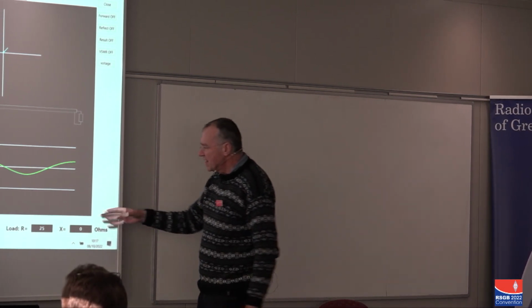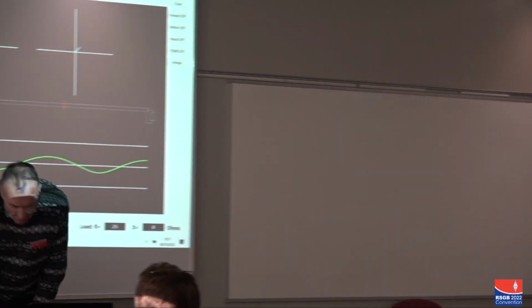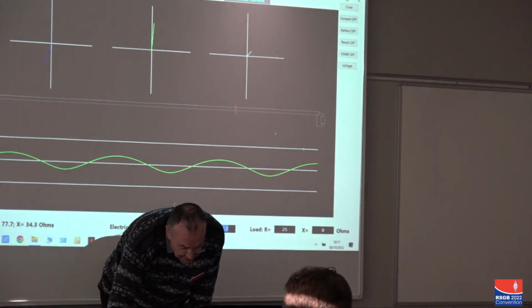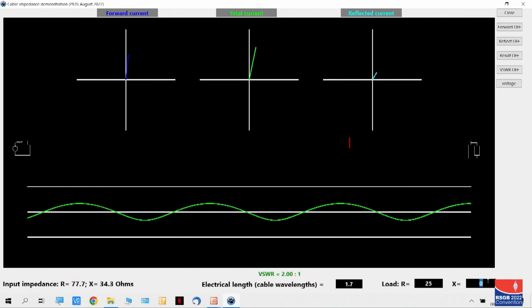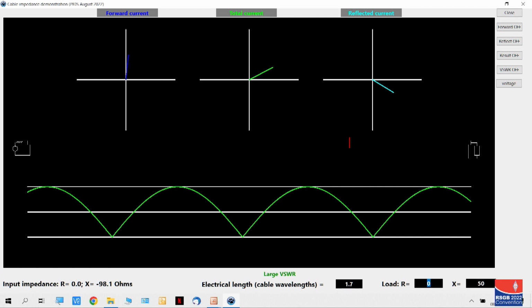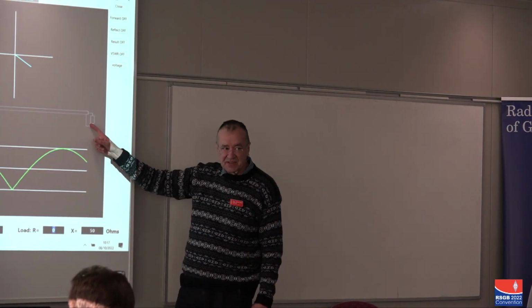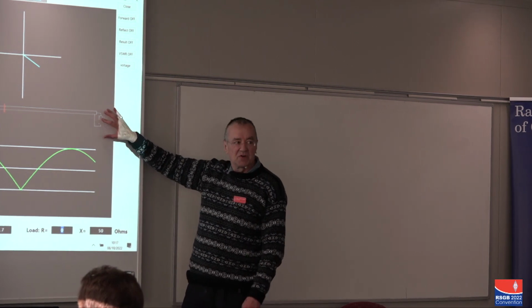Now we can play a few games here. One is, let's see what happens if we have a purely reactive load. Let's have a 50 ohm reactive load with the resistive part equal to 0. Now we know that that must give you an infinite VSWR, because if this is entirely reactive, there can be no power absorption.